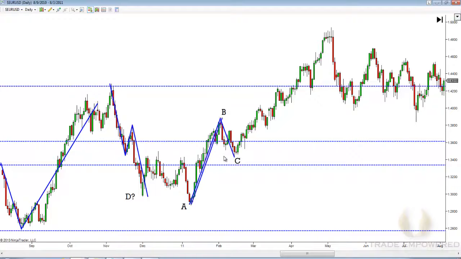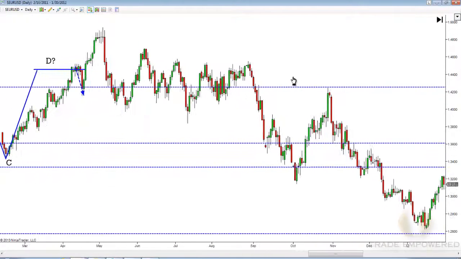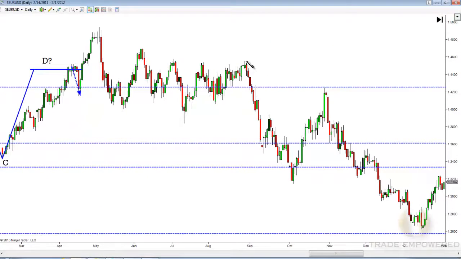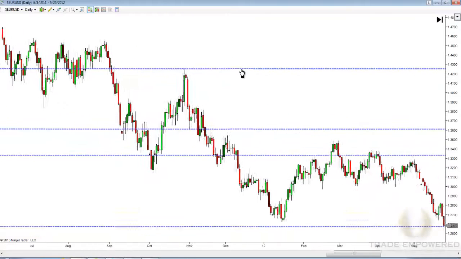Let's copy and paste this. See if we can predict a D completion. D completion right here. What does the market do? Retrace. And again, you see this over and over again. This one looks like it may be a little short. Yep, that one's going to be a little short. We don't quite get down to it.